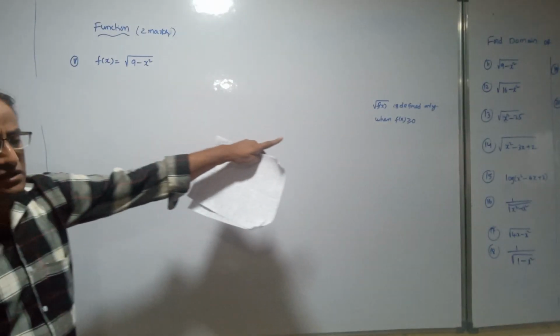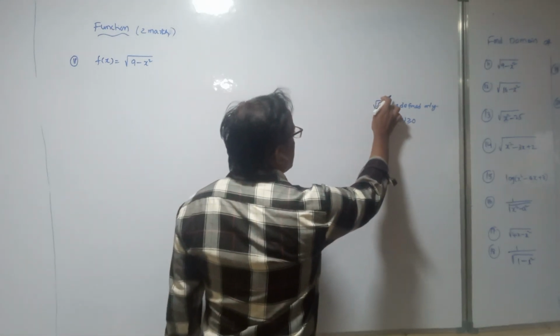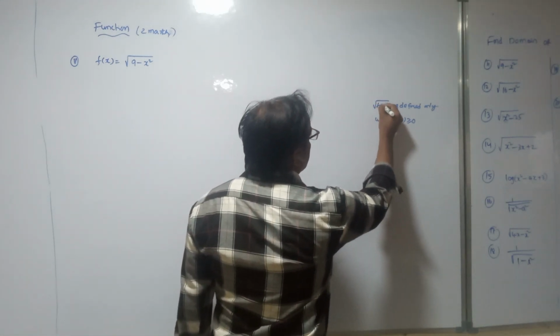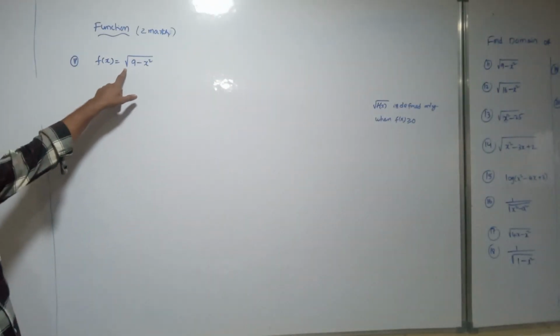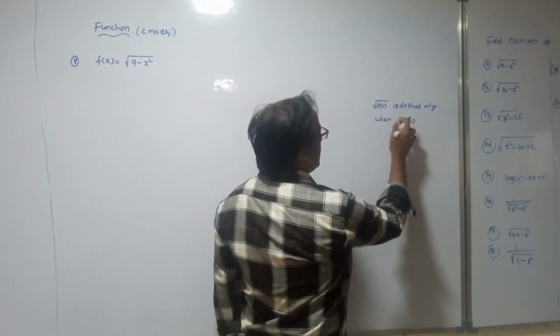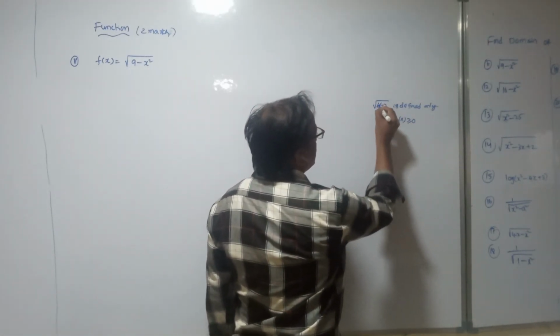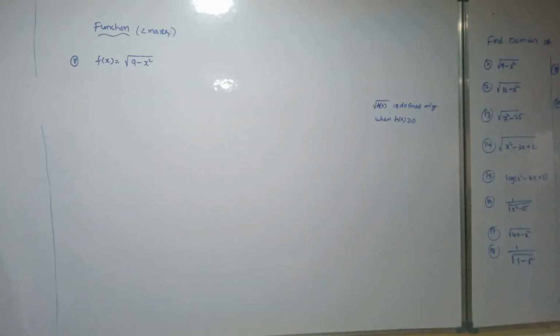Important part: root f of x, any function of this form, or otherwise you can take it as h of x because you already have f of x. Any function of this form is defined only if it is greater than or equal to 0. So now f of x is in this form, square root of h of x.